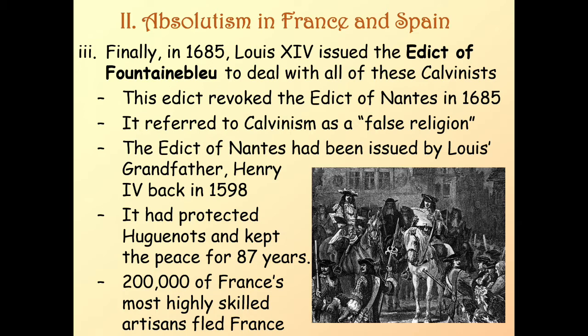And as a result of the Edict of Fontainebleau, 200,000 of France's most highly skilled artisans fled France, took their skills and their knowledge and their energy and their experience elsewhere.